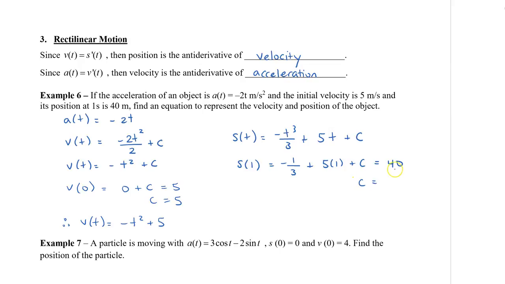So c is equal to 40 minus 5 plus a third, which is 35 and a third. Therefore, my position function is negative t cubed over 3 plus 5t plus 35 and a third.